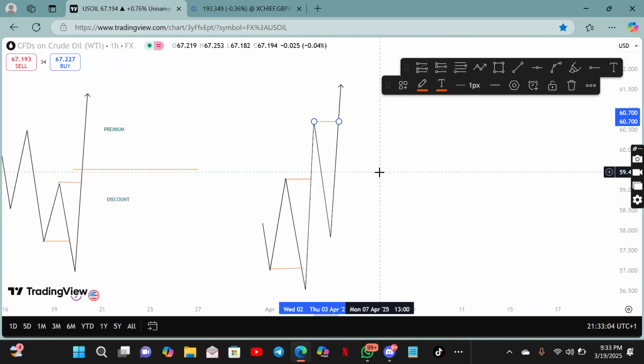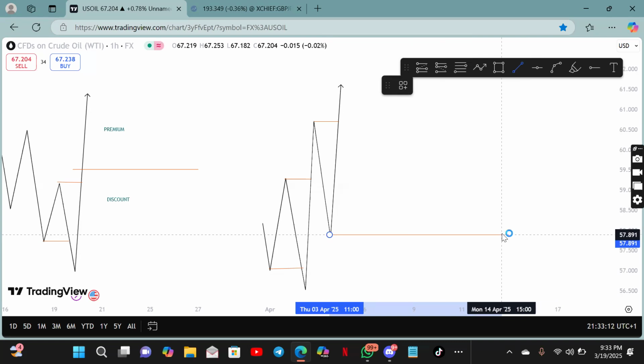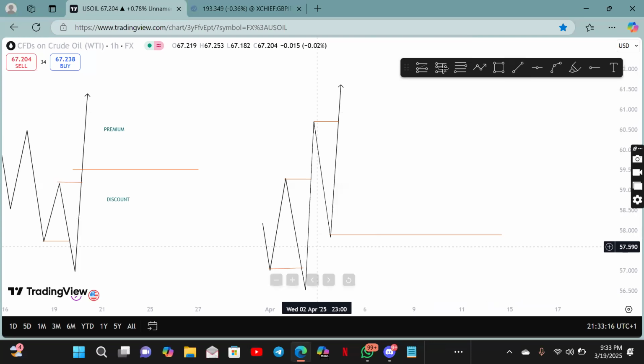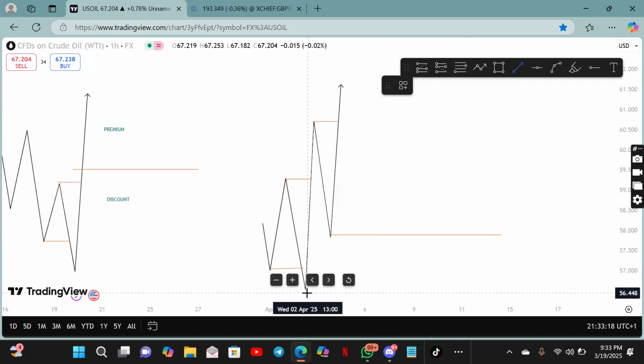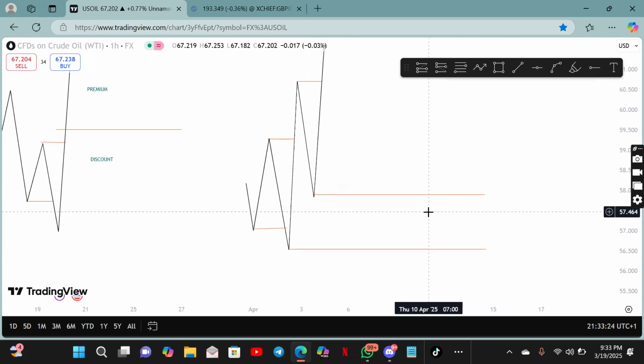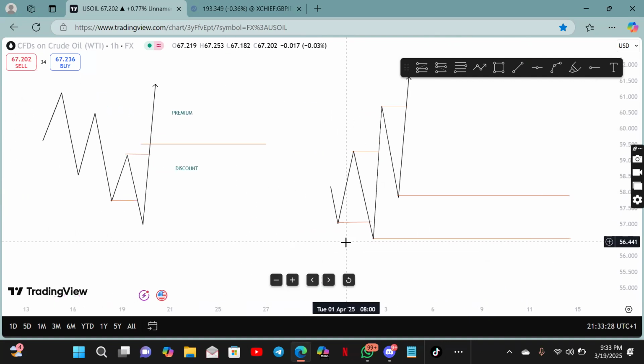So this one now becomes your traditional liquidity, right? So some of the times, this here is your protected low. Do you get? This one becomes your protected low.